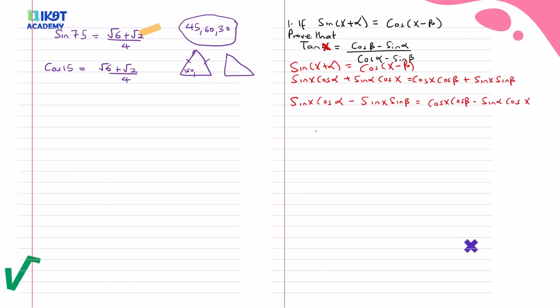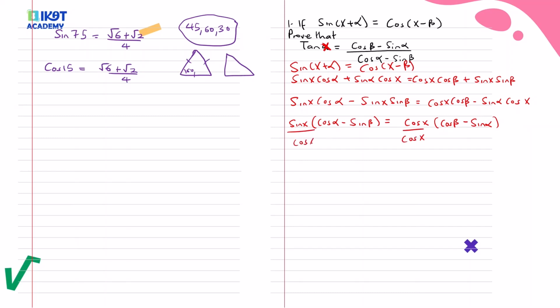I can factorize out sine x here. This becomes sine x into (cos alpha minus sine beta), which equals, here I factorize out cos x, cos x into (cos beta minus sine alpha). Since I want tan, I can divide through by cos x.